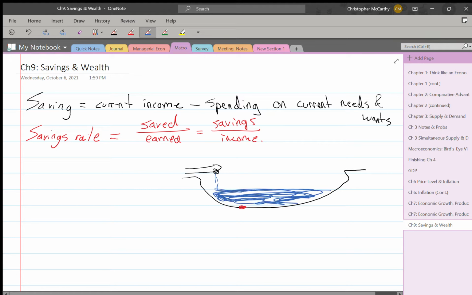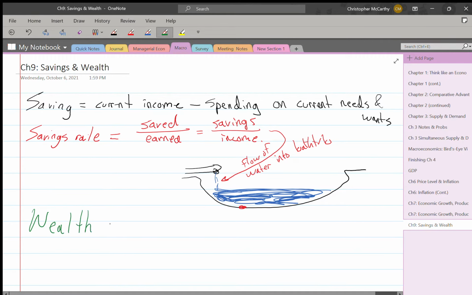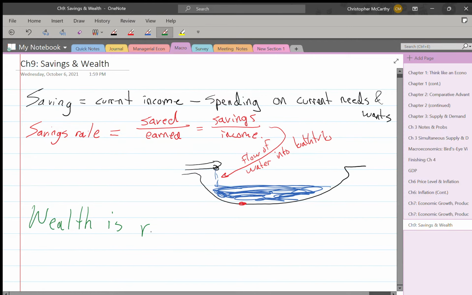And so savings is this flow, while wealth is the value of your assets minus the value of your liabilities.